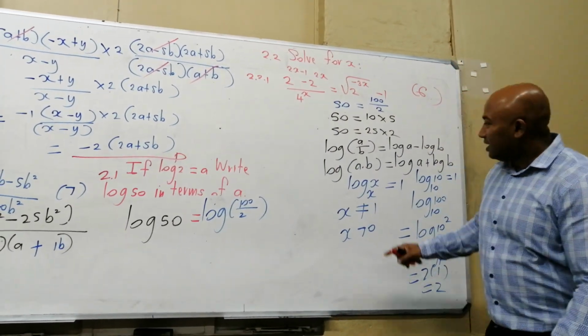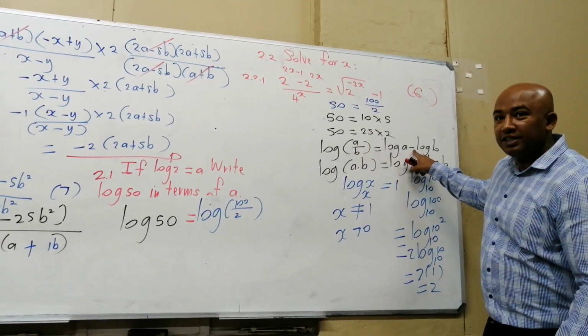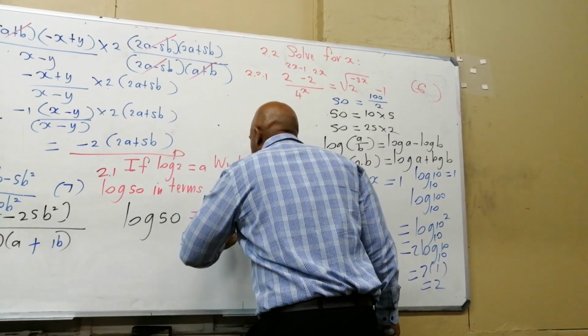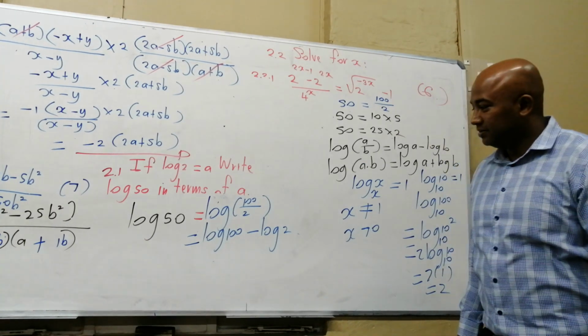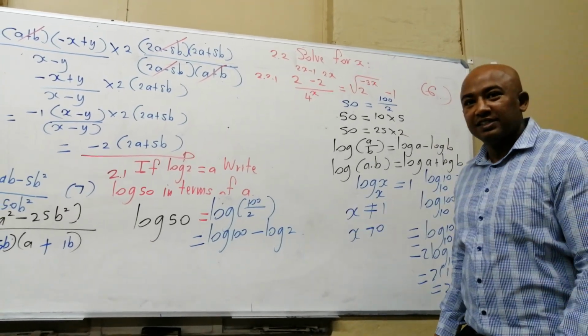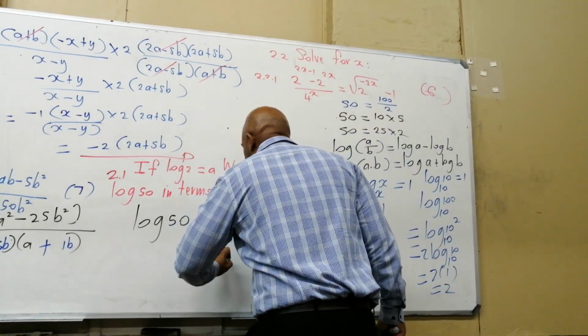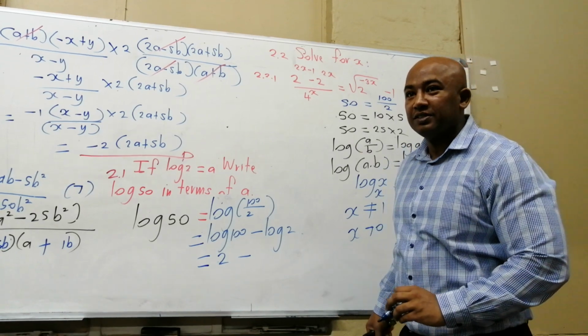And now I'm going to use the law. When you are dividing, it changes to subtraction. So therefore it's going to be log 100 minus log 2. What is log of 100? I just showed you. Log of 100 is 2 minus, and we have a value for log 2. What is log 2?